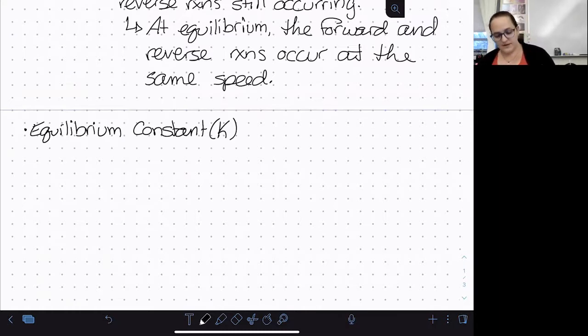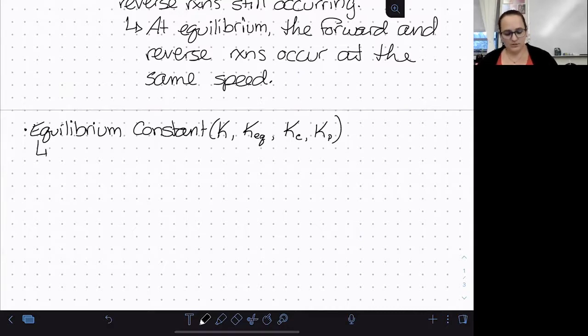Sometimes you will see this labeled as just K. Sometimes you will see it as K_eq for K equilibrium. Sometimes you will see it as K_c for concentration, K_p for pressure. They essentially all mean the same thing.